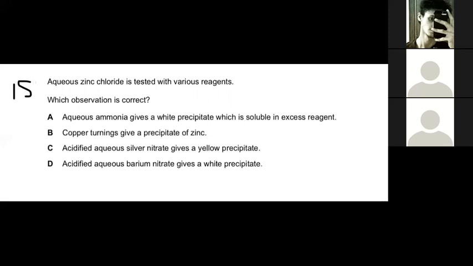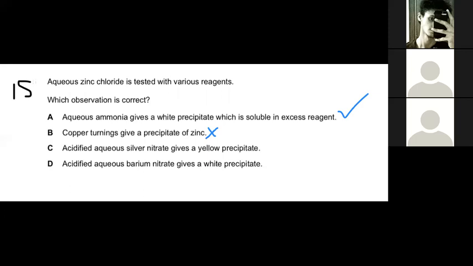Question 15. Aqueous zinc chloride is tested with various reagents. Which observation is correct? Aqueous ammonia gives a white precipitate which is soluble in excess reagent. A is correct. B, copper turnings give a precipitate of zinc. This is wrong because copper is less reactive than zinc, so copper cannot displace zinc.